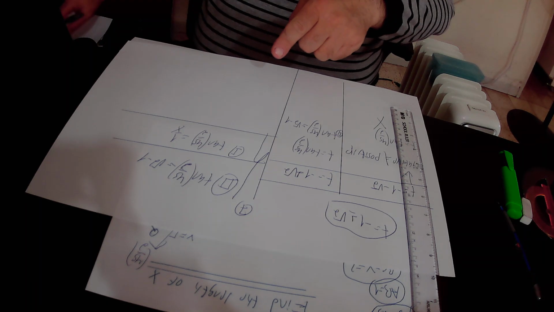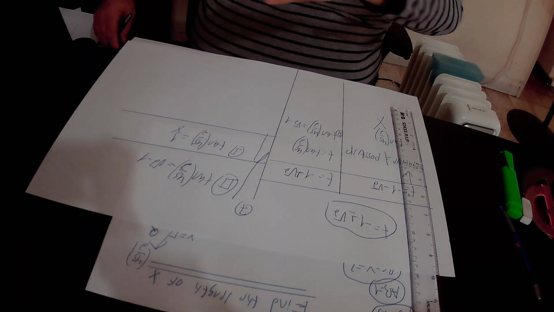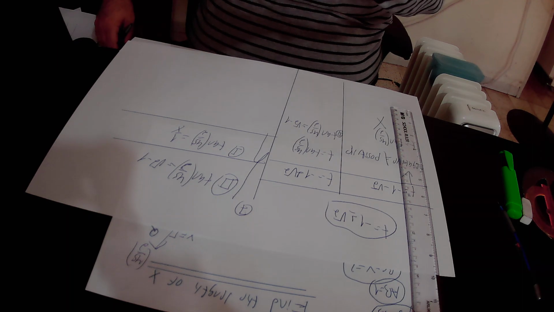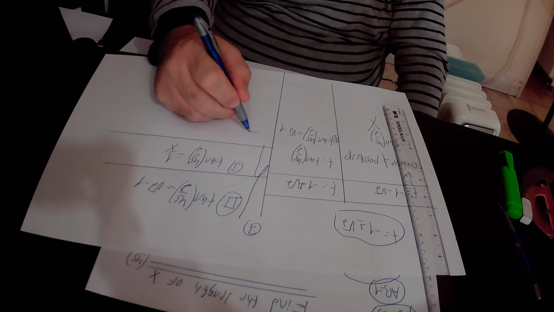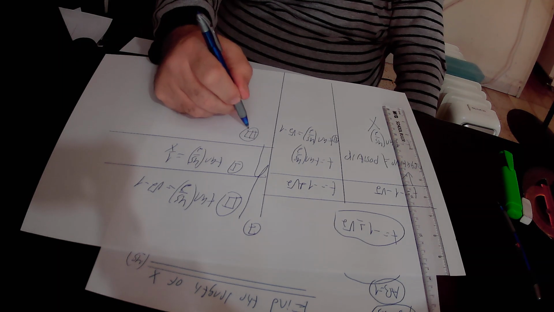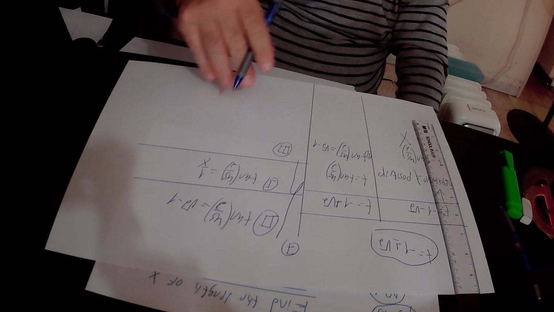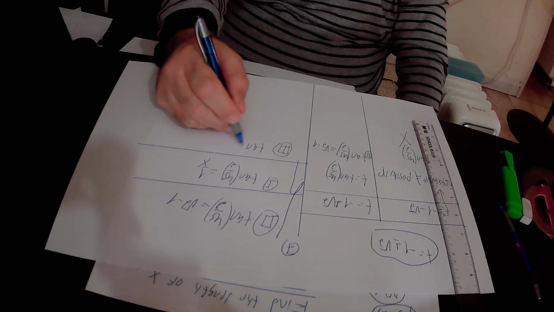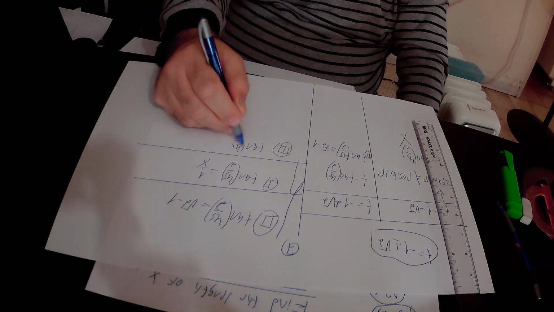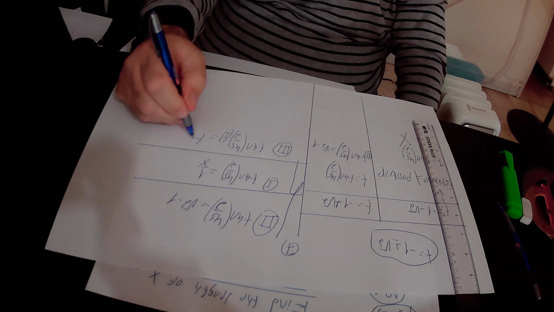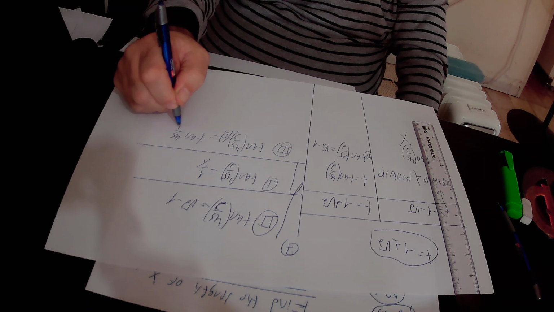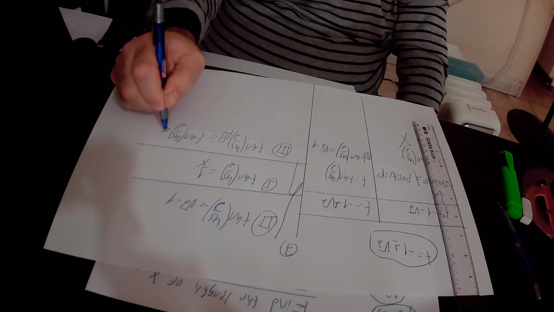So we have two different expressions for the value of tangent 45 over 2 degrees. Therefore, we'll create equation number 3. According to equation number 3, tangent 45 over 2 degrees according to equation number 1 must be equal to tangent 45 over 2 degrees according to equation number 2.